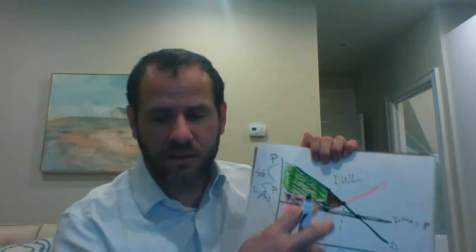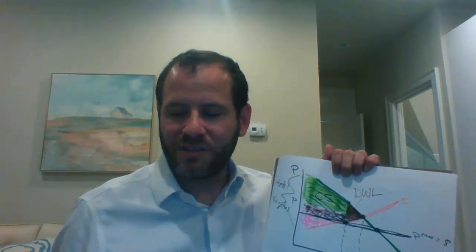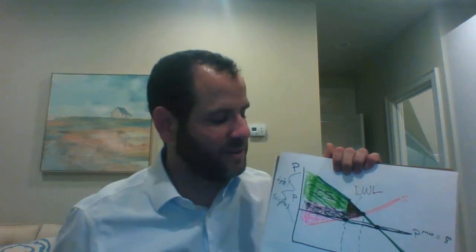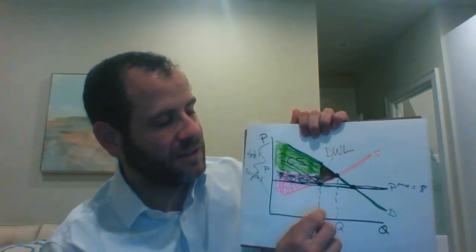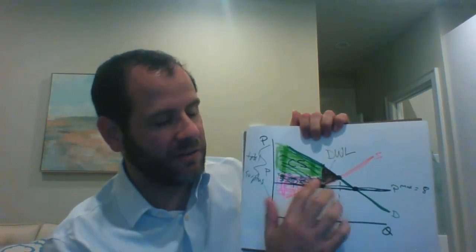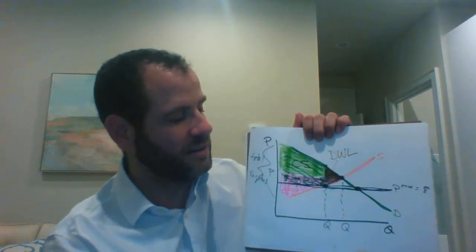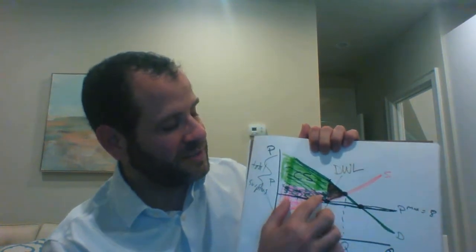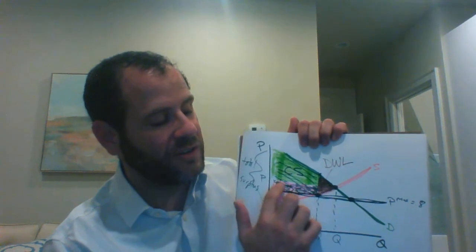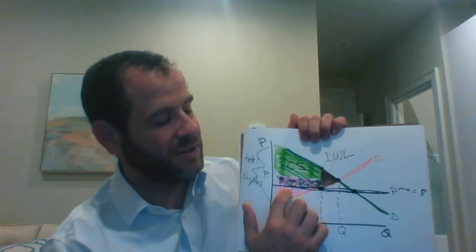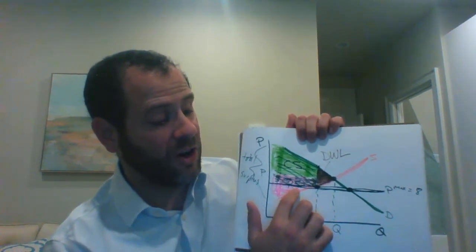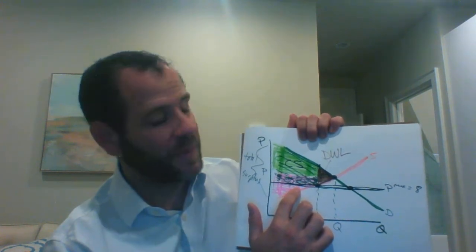With that said, who does well with this price ceiling? As you can see, so we lost some area. That's lost. No one gets that. But we can see the green area took on this new rectangle. The supplier area actually lost that same area, right?